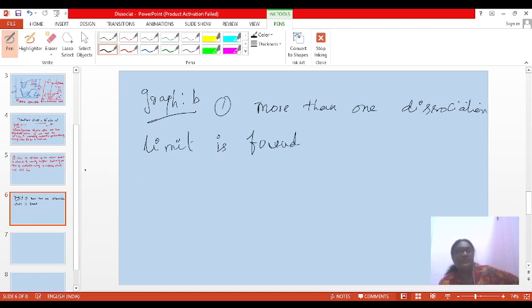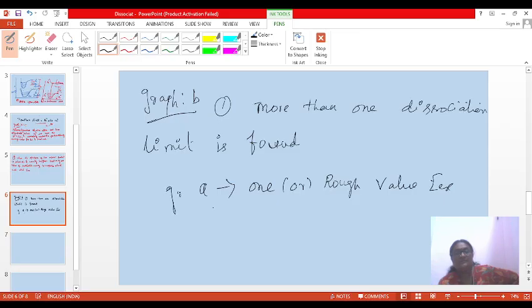Here we have only graph A and graph B. What is the main difference? A is one dissociation, or it means it is the rough value of E excitation.